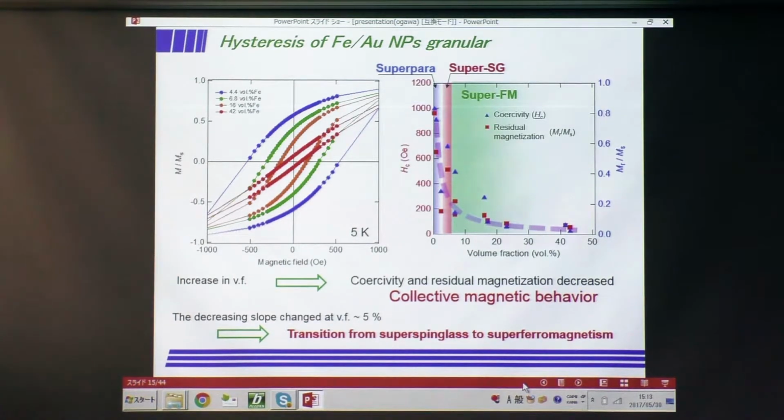We think this drastic decrease corresponds to collective magnetic behavior. That means the alpha iron nanoparticles simultaneously rotate or switch, and this kind of behavior is observed.